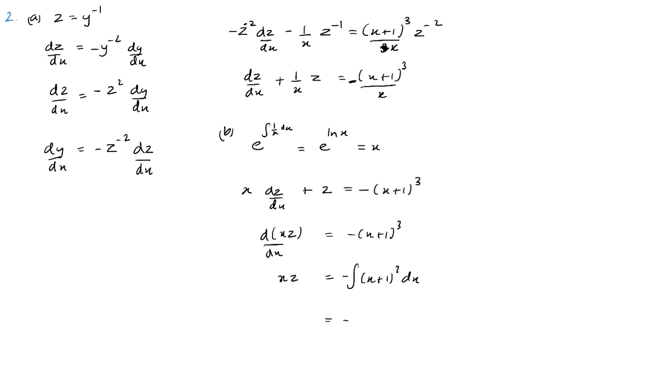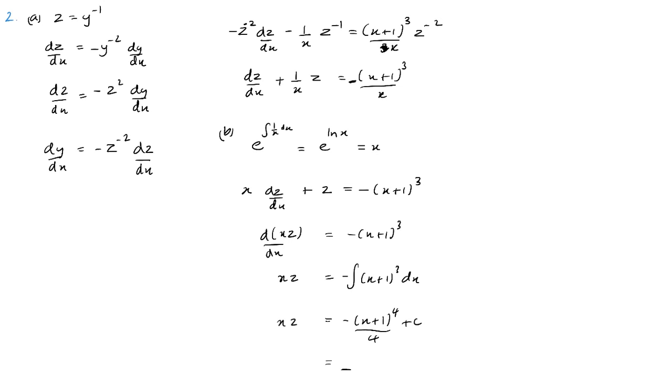So this is going to become minus x plus 1 to the power 4 divided by 4 multiplied by the inside differentiated, which is just 1, plus c. So that's what I've got there.